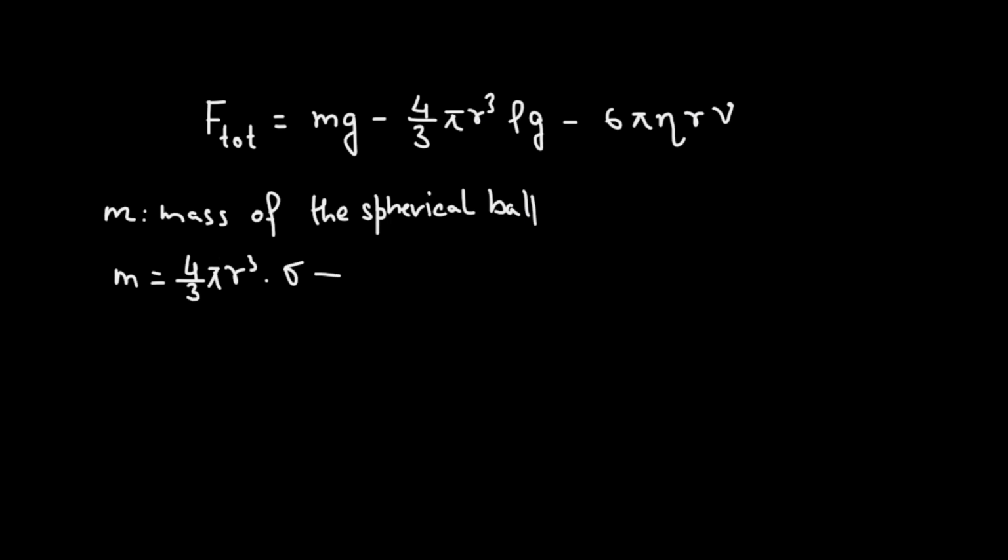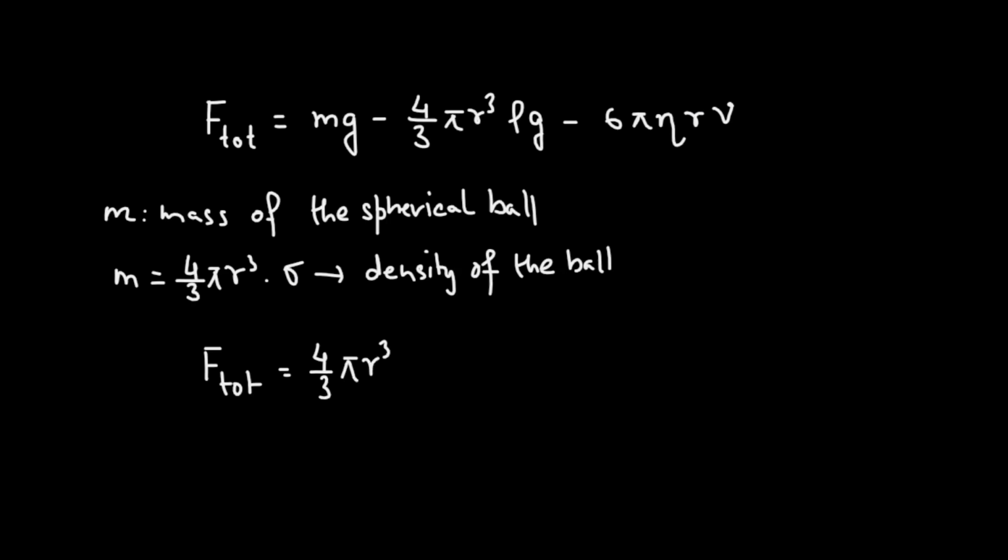Let's write sigma as the density of the ball, such that our equation now becomes F total equals mg, so we have 4/3 pi r cubed times sigma times g minus 4/3 pi r cubed times rho times g minus 6 pi eta r v.